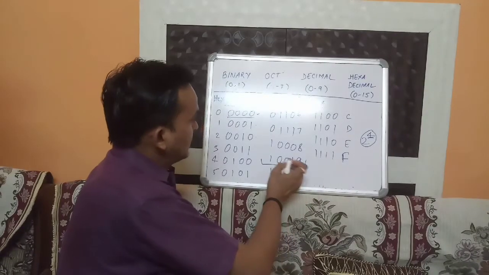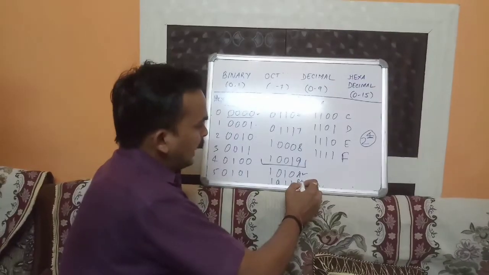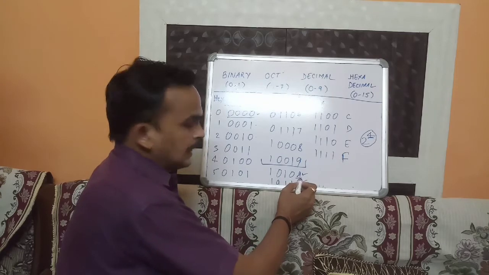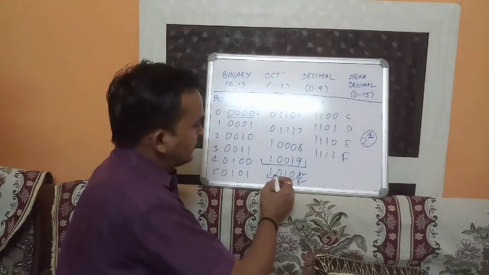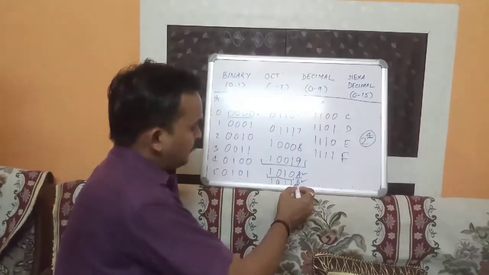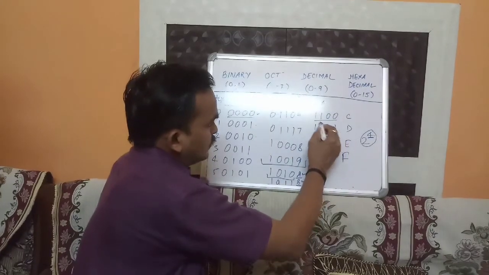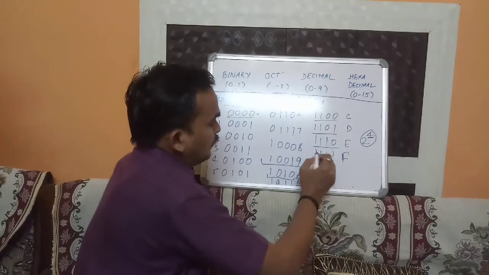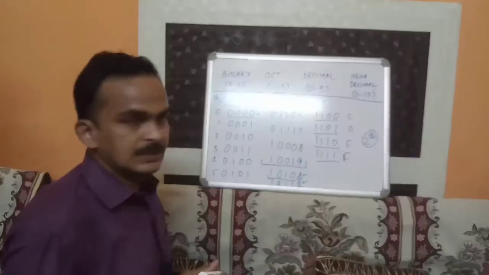Till 10 we use digits like binary, after that we use characters. For 11 we use capital A, and the binary value of A is 1010. The binary value of B is 1011, for C 1100, for D 1101, for E 1110, and for F 1111. So this is the complete table of hexadecimal.